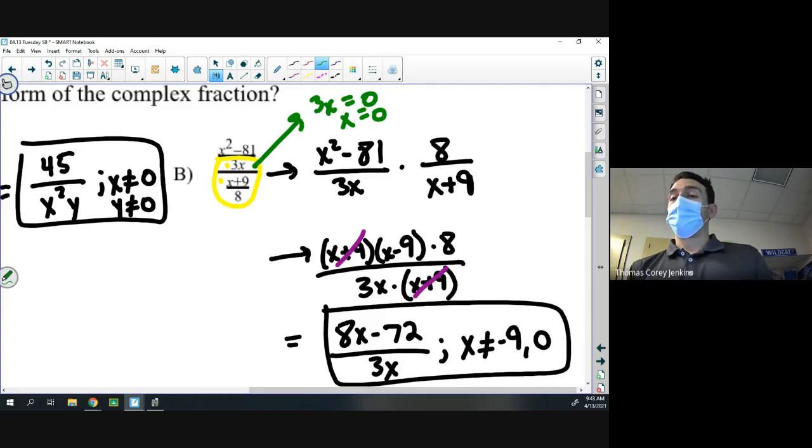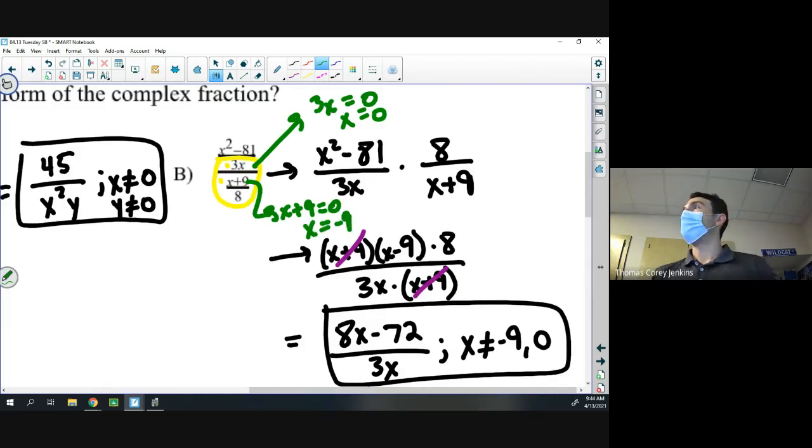And then same thing with this one. x plus 9 equals 0 gives me the -9. Does that make sense? All right, very good. Okay, so essentially it's the same thing as using the zero product property when we're trying to find the x-intercepts on a quadratic.